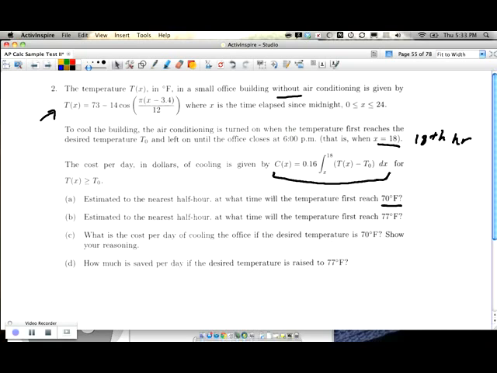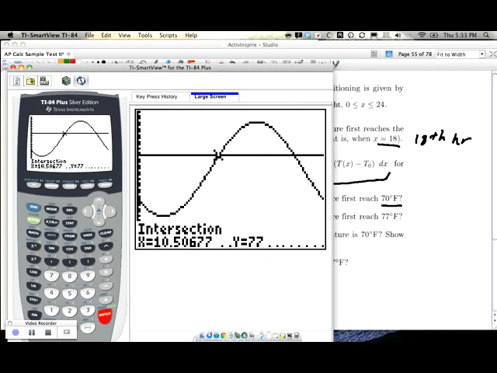And then it's going to stay on no later than 6. So at most it'll go till 6. But it starts right when it hits 70. And when does it hit 70? It hits 70 at 8:30 a.m.